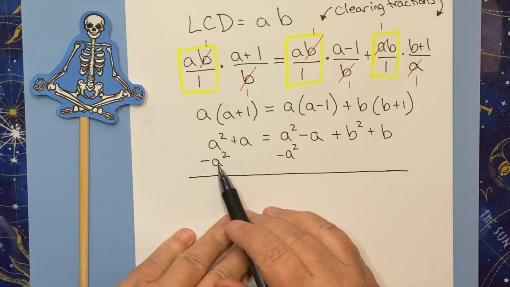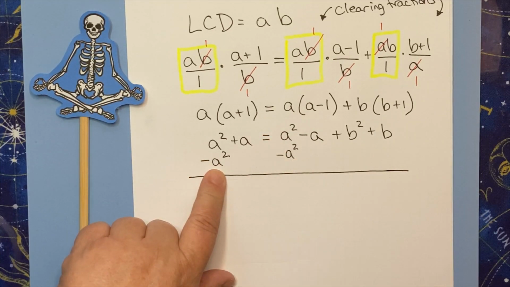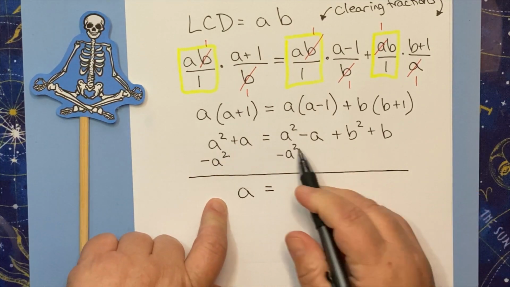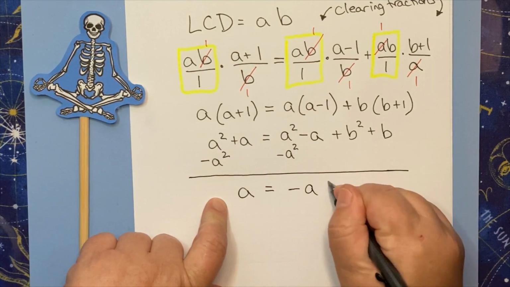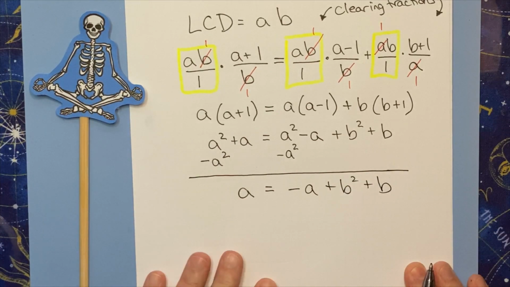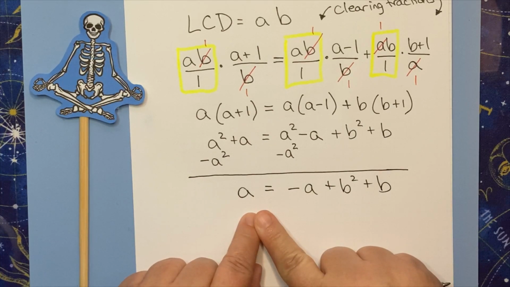So I would say most of us have survived most of the math that has befallen us. So if I subtract a squared from both sides, right, same thing, here's the equal sign. Over here on the left, I've got an a. Over here on the right, I've got the opposite of a squared plus b squared plus b. Now, your brain is going to see a minus a and say it's 0. Don't let your brain do that.